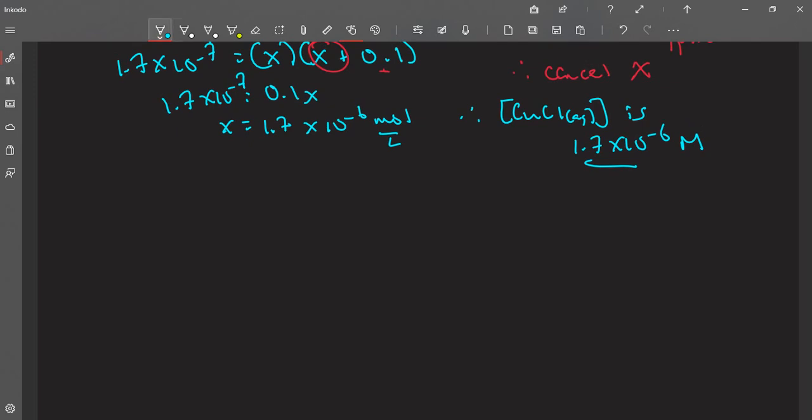Okay, last scenario here. All right, so this is C. So C had a common ion as well. The difference, though, is that this common ion is not chloride. The common ion in this case was copper. Okay, and the situation was this. We had 0.01 moles per liter of copper 1 sulfate.